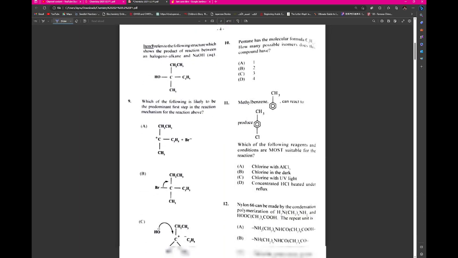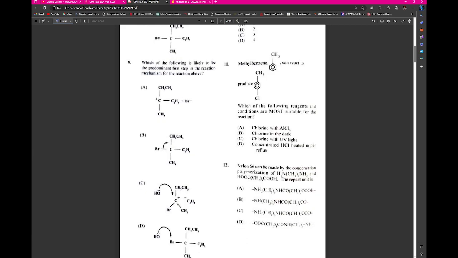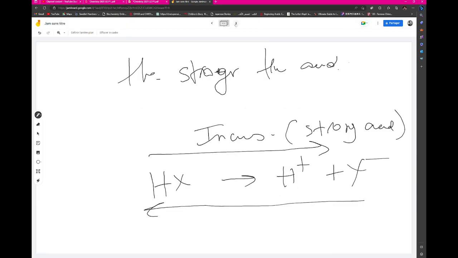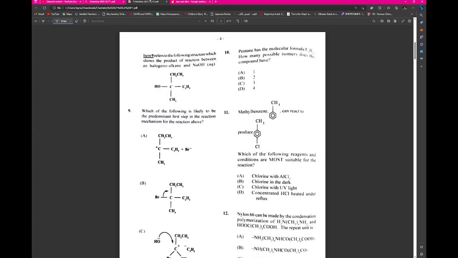Now, which of the following is likely to be the predominant first step in the reaction mechanism for the reaction above? So here we have a halogenoalkane reacting with sodium hydroxide. I think it would be bromine we're talking about here. Let us see what's happening.